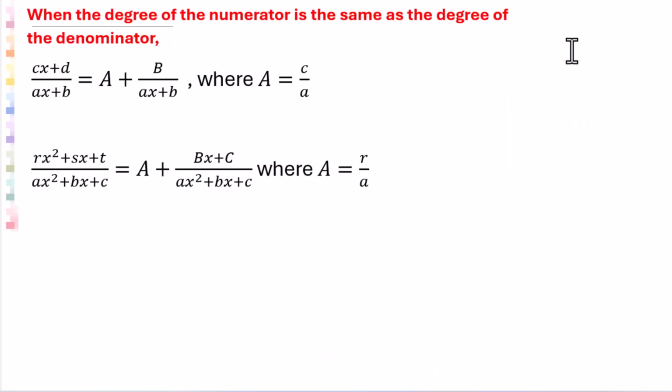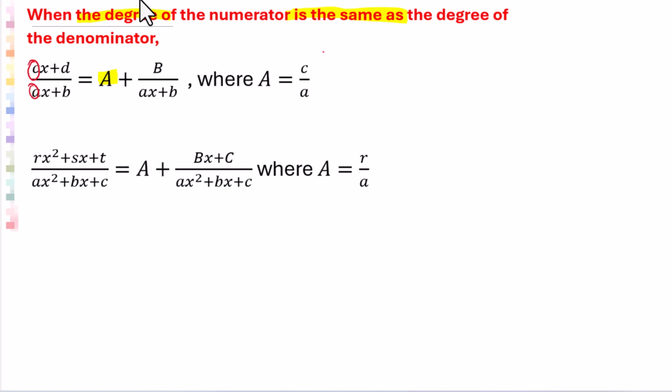Now let me talk about when the degree of the numerator is the same as the degree of the denominator. For example, linear over linear, we will get a constant number a, where a equals c over a, which is the quotient of the coefficients of x.